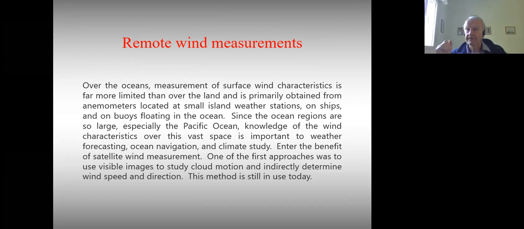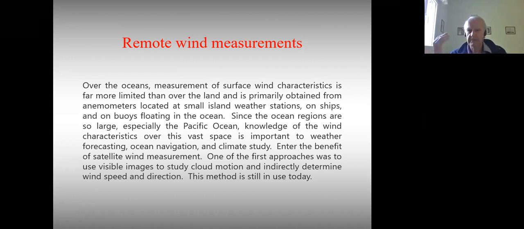These remote wind measurements are much more limited over the ocean, and were primarily obtained by anemometers located on small islands. Weather stations, so there are weather stations.